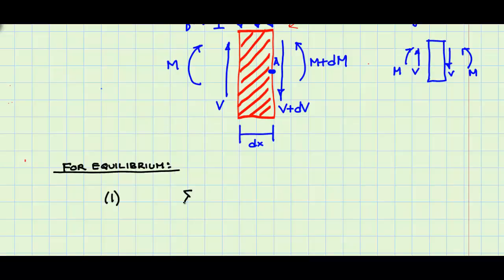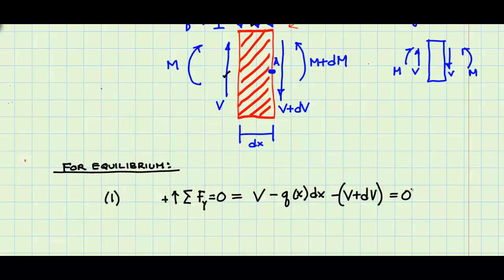First, the vertical forces must balance. I'll take positive as upward. We have V up on the left, the load q(x) times dx down on the top, and V plus dV down on the right.